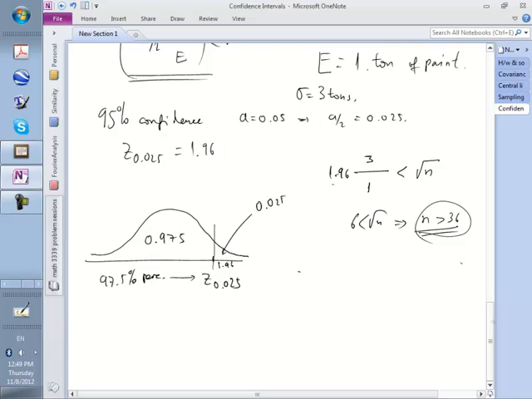So you have an extra constraint when you do this calculation. So consider n greater than 30 if you cannot assume that x is normally distributed.